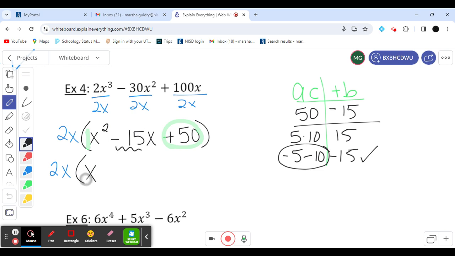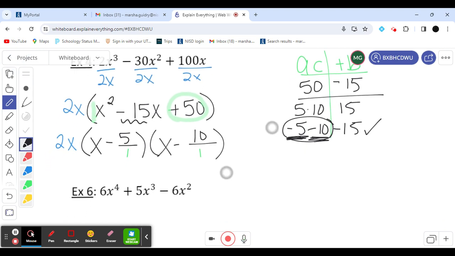We have x minus, because our first factor is negative, minus 5 divided by our new a value of 1 times x, and then of course we have our second factor of negative 10, so minus 10 over the a value of 1 again. So we're supposed to simplify these two fractions.